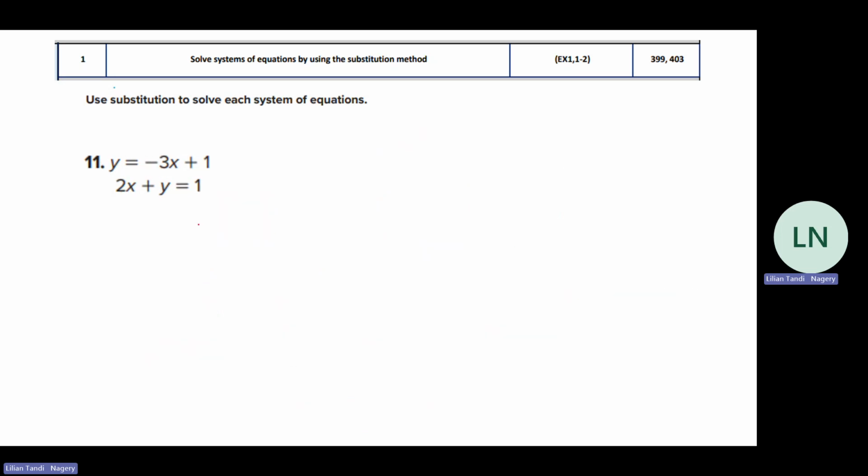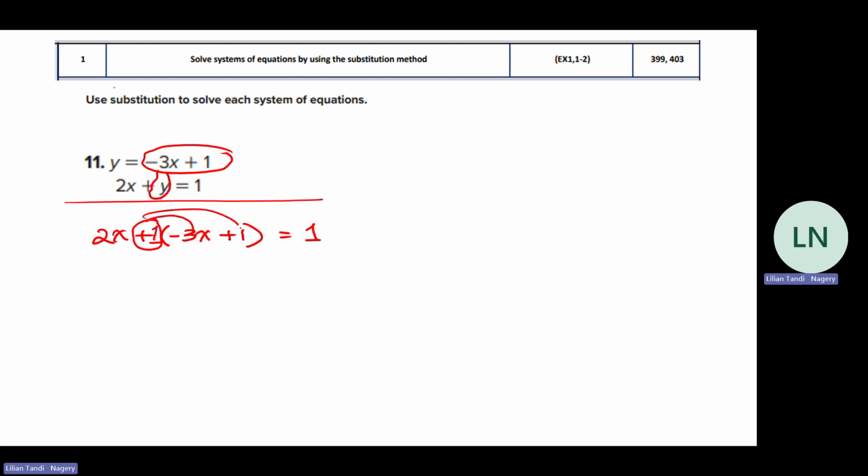Okay. Here we are still lucky because we have y equals, so you're going to do this and replace it here with the y. So you're going to 2x plus parentheses negative 3x plus 1 equals to 1. I don't have a number here. We write 1 and do that. 2x minus 3x plus 1 equals to 1.